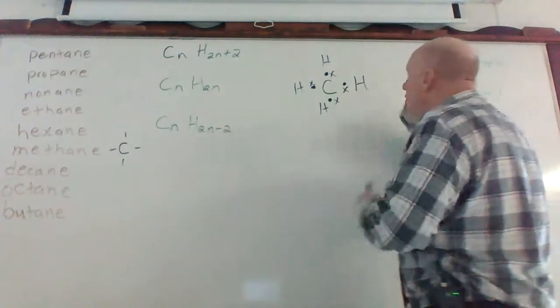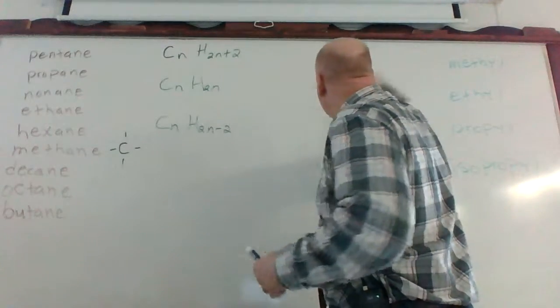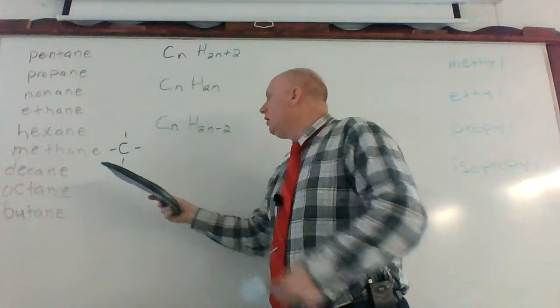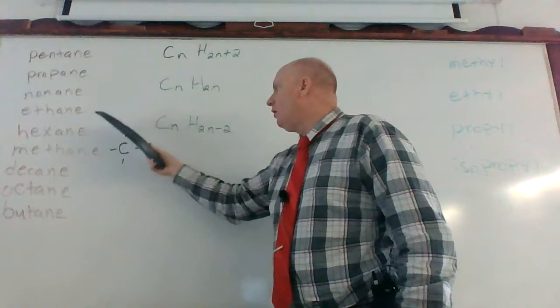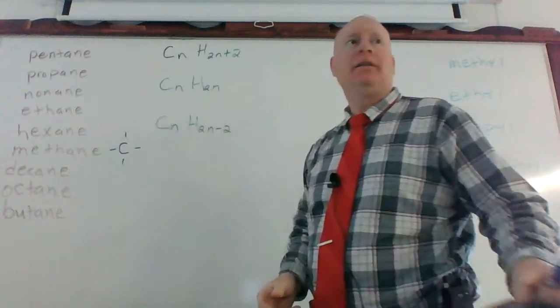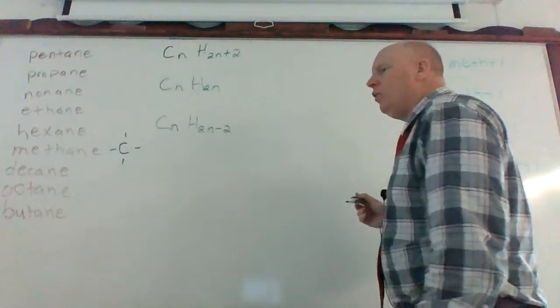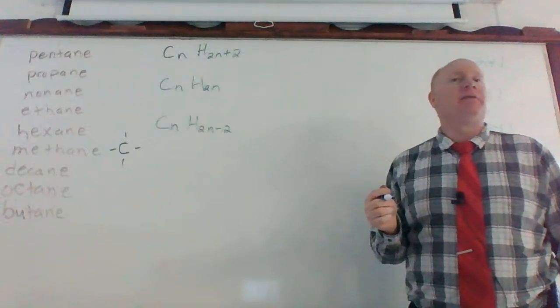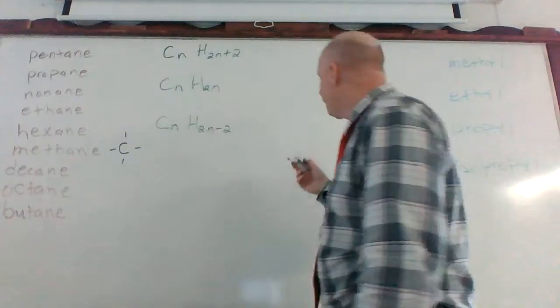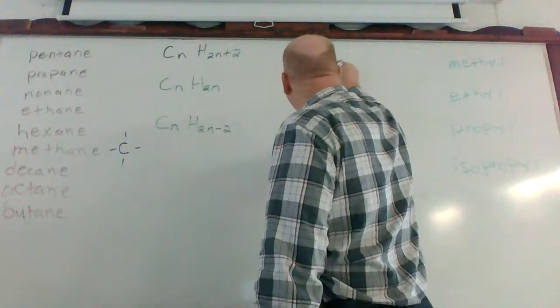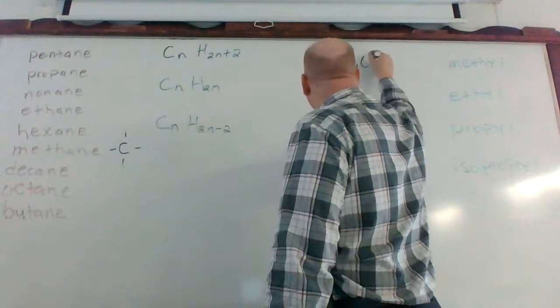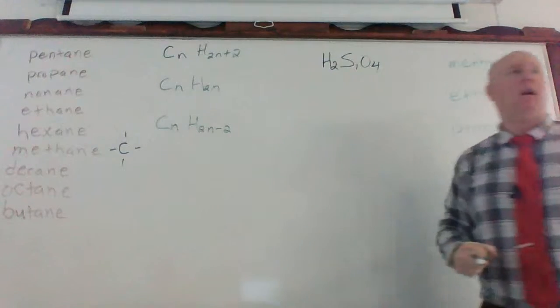Okay, so when we look at this, you don't need to write all the hydrogens around that. The reason for that is, what is sulfuric acid? What's the formula for that? Is that wrong?